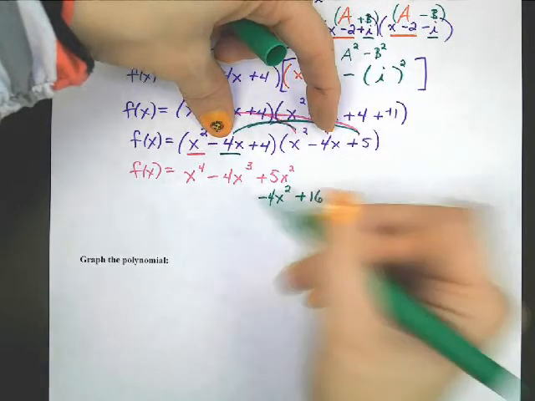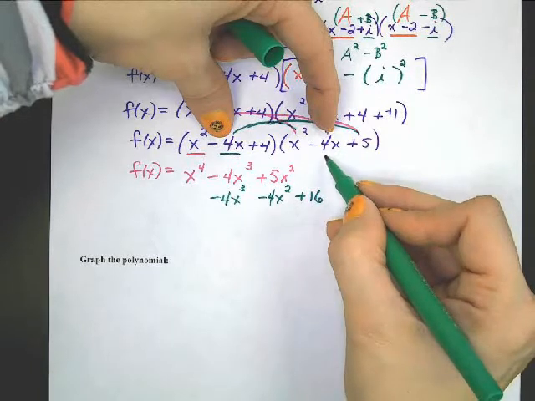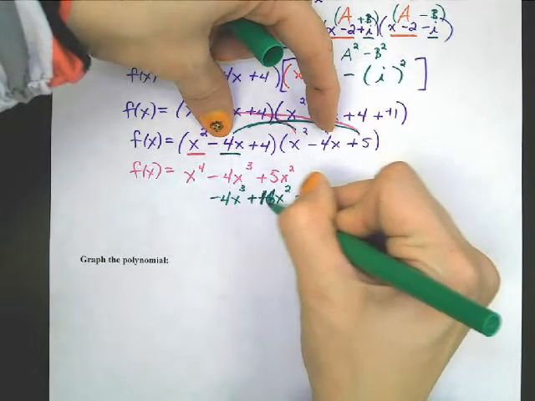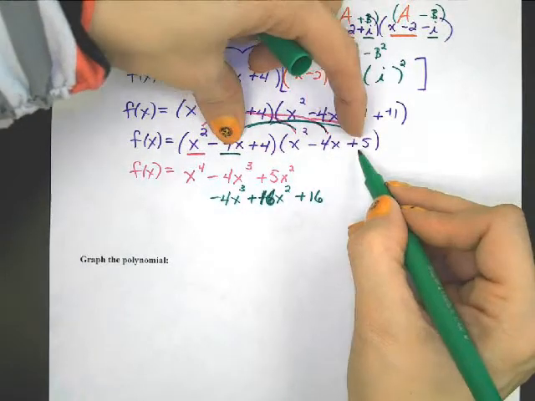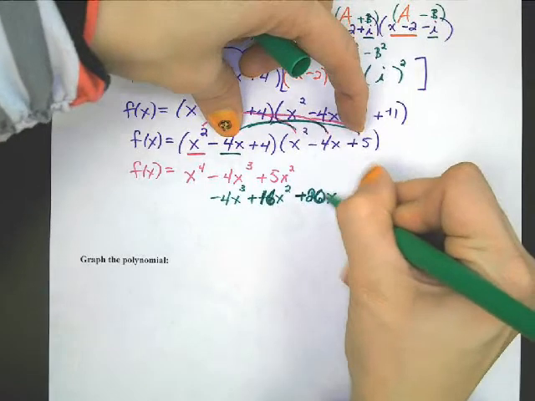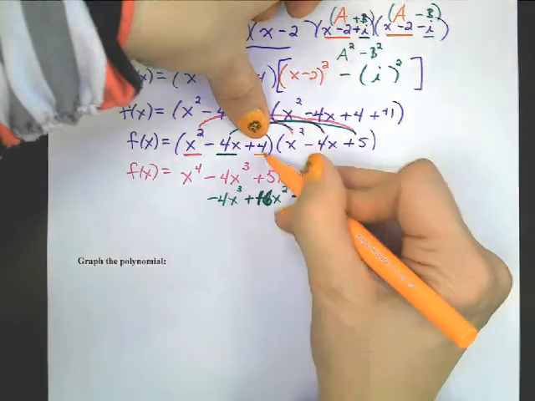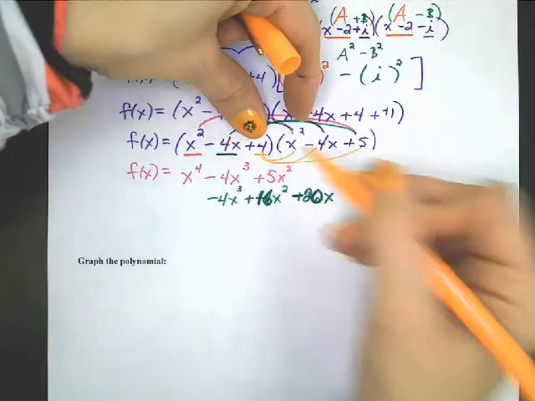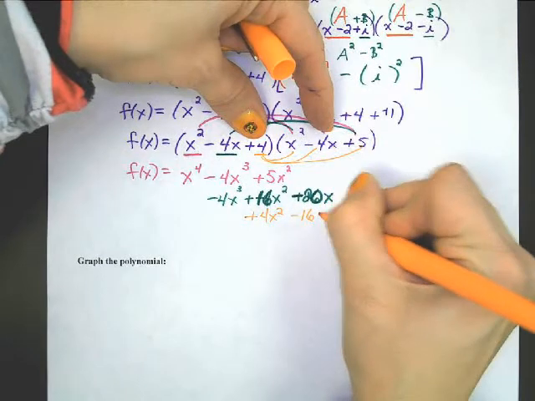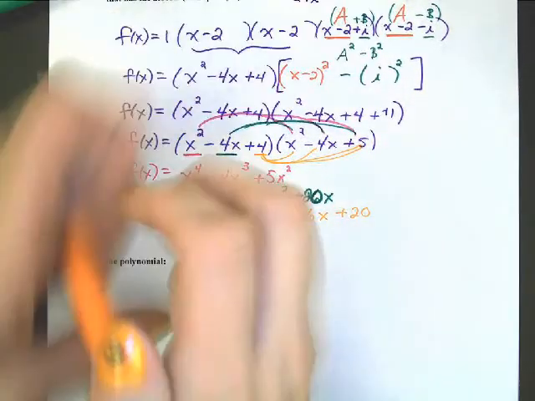Oh, this is a cube. Oh, no. Minus 4x cubed goes here. This is going to be plus 16x squared minus 20x. The last thing I'll distribute is a 4 three times: plus 4x squared minus 16x plus 20.